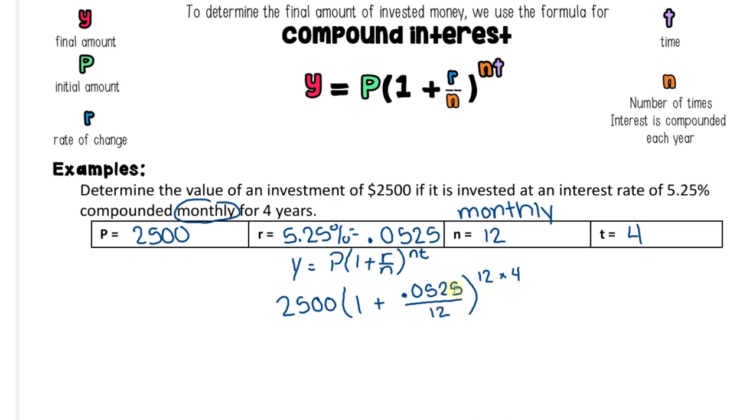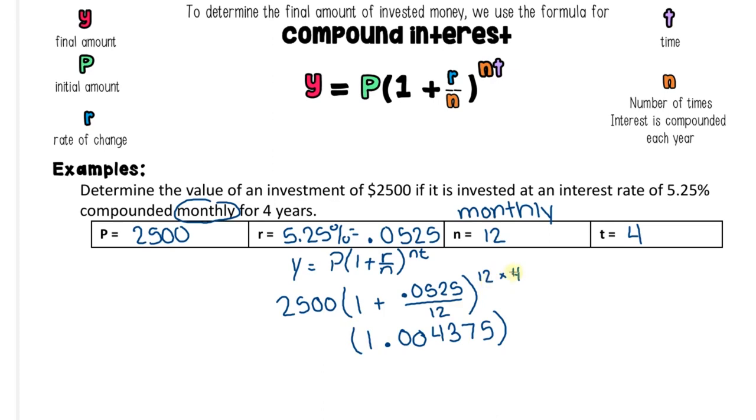Now let's simplify. Divide 0.0525 divided by 12. That gives us 0.004375. If we're adding 1 to it, just put 1 in front of it.